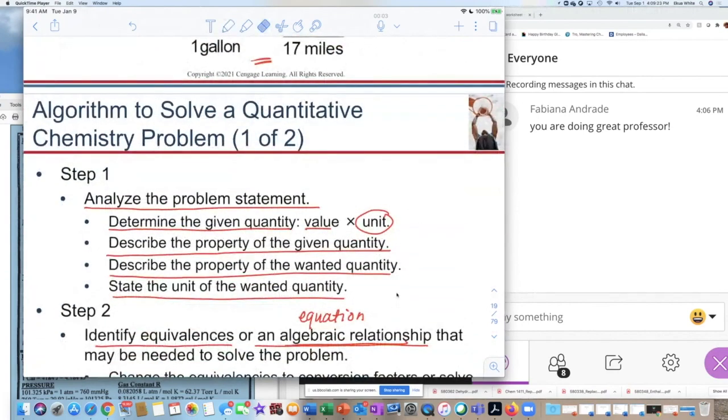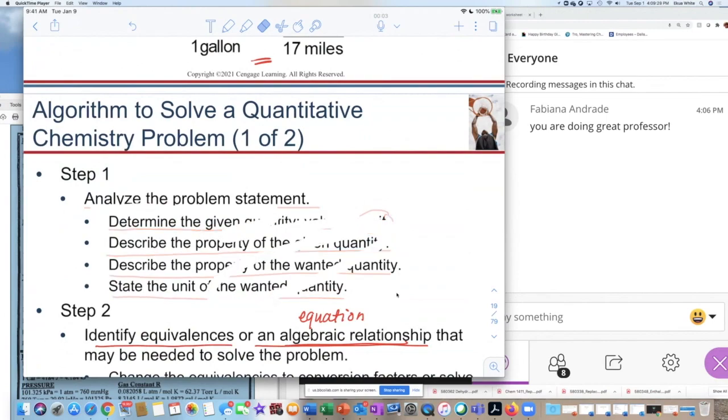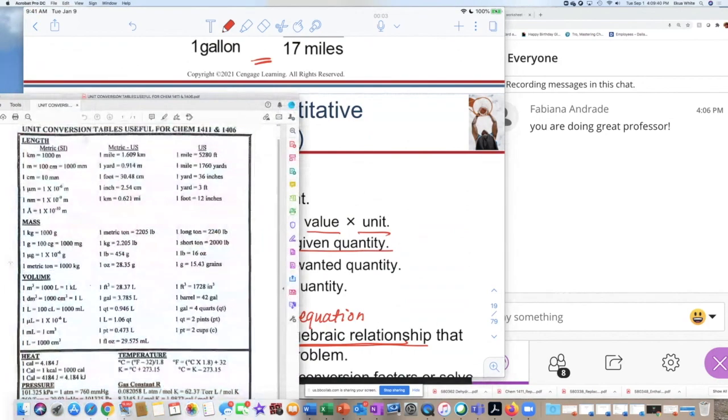So they go into the steps of how to read this. First of all, if you're given a problem, analyze the problem statement, look at your given value, determine the given quantity, the value and the unit, and describe the property of the given quantity. Is it a volume? Is it a length? Is it a mass?